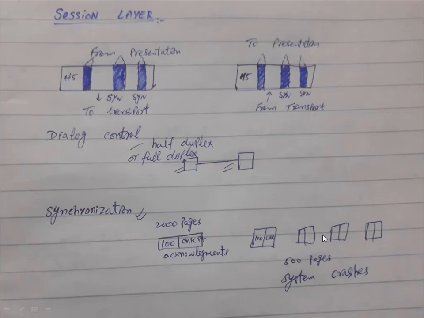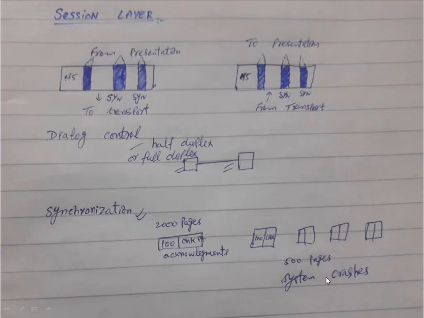So when 500 pages are transmitted successfully, we have made checkpoints at every ream of 100 pages. These checkpoints give acknowledgement that 500 pages are successfully transmitted.